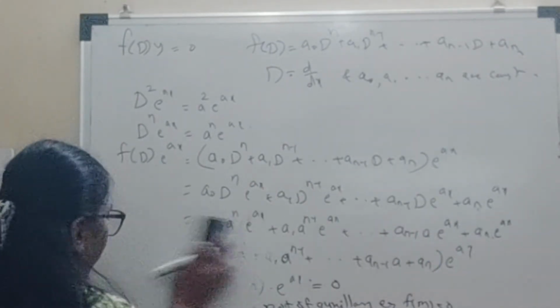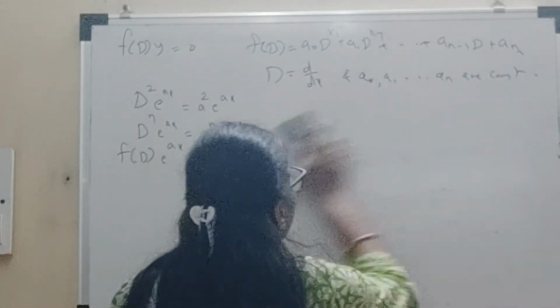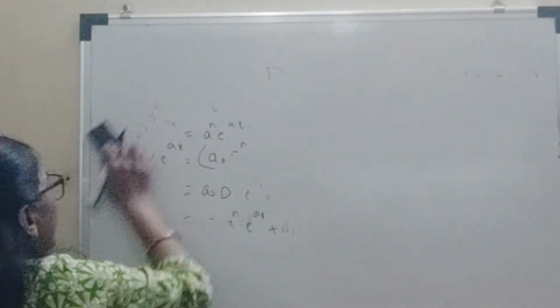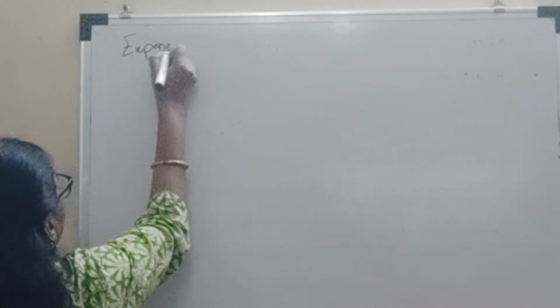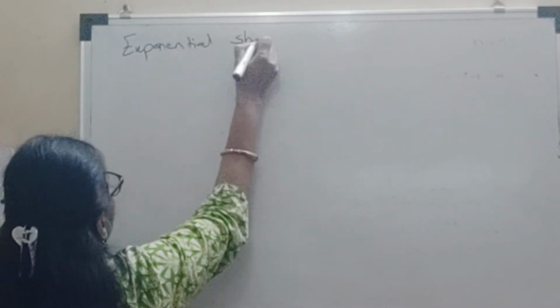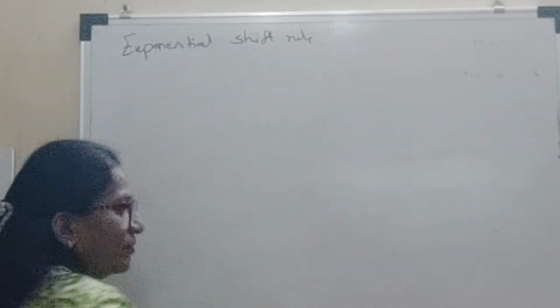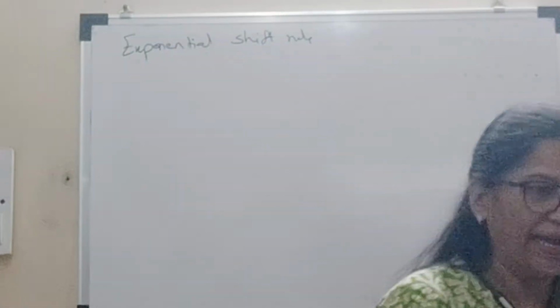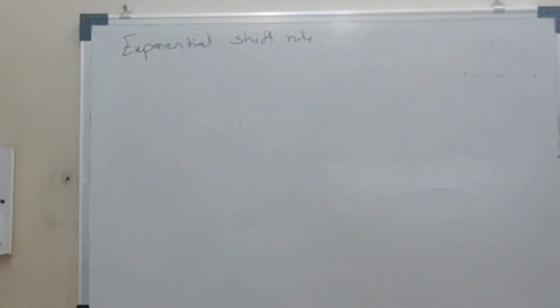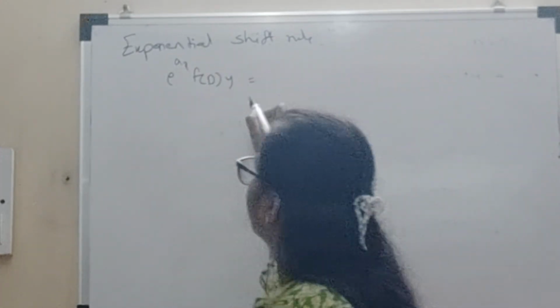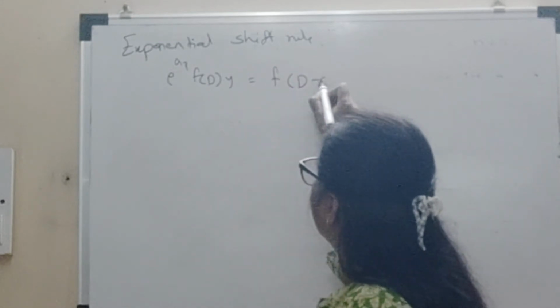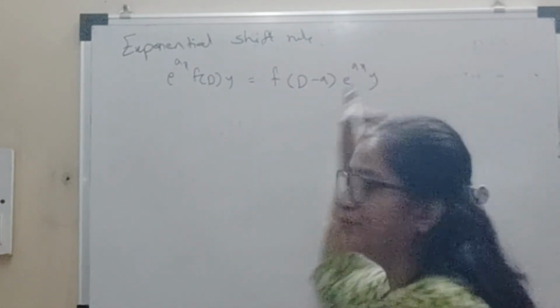Now we go to the exponential shift rule. So what is the exponential shift rule? It is given by e^(ax) operates on f(D) operates on y is equal to f(D - a) operates on e^(ax) into y.